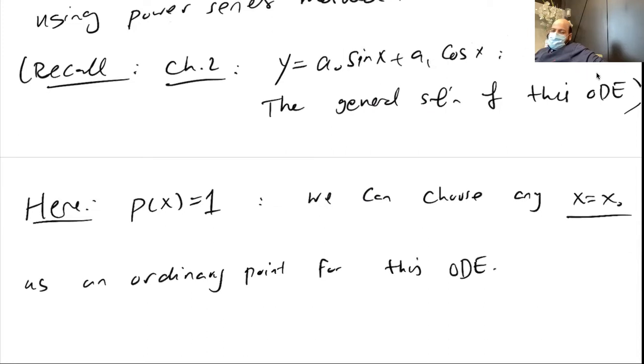Again, remember that x equals x naught would be an ordinary point if P of x naught is not 0. And here P of x is constant function 1. So P of every number is non-zero. So again, the easiest choice for x naught would be naturally x naught equals 0.